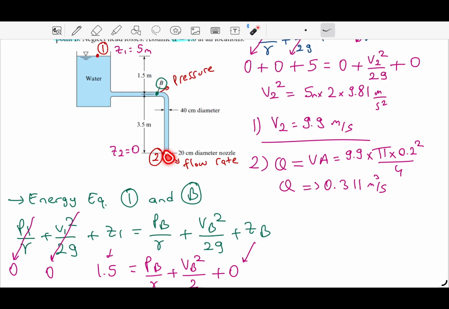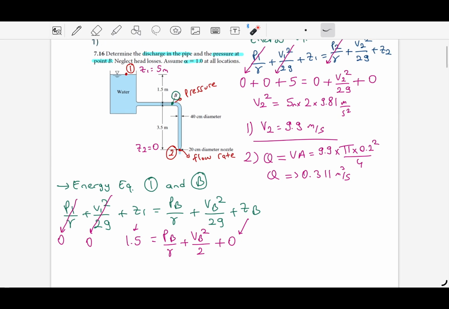So the flow rate here should be equal to the flow rate inside of the pipe. But this means, since flow rate is equal to V times area, velocity times area, and since the diameter is changing, the area will change. And this means we will have a different velocity at this point.